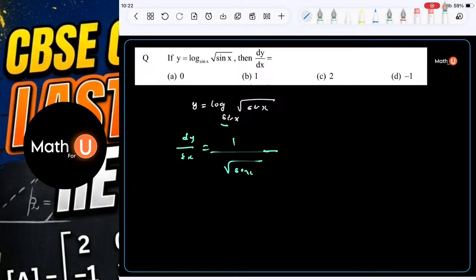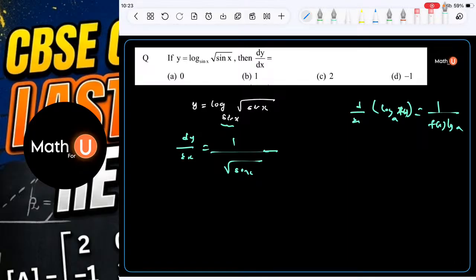But here the base is different. The differentiation of log base a of f(x) is 1 by f(x) into log base a. Here again the function is different. How to differentiate this one?